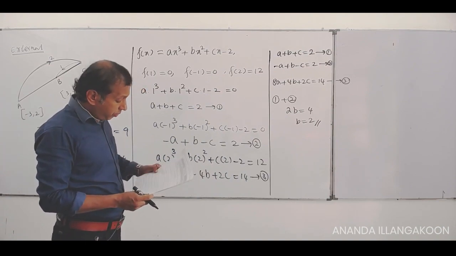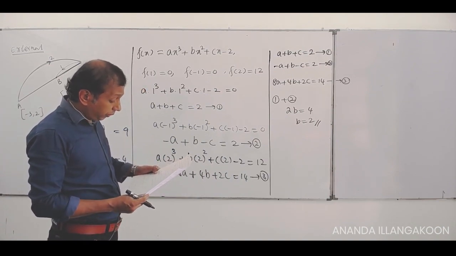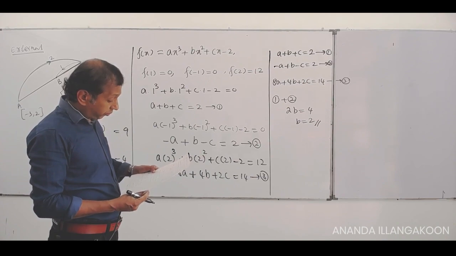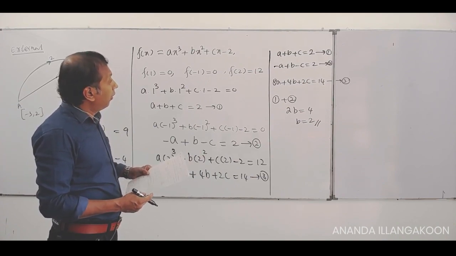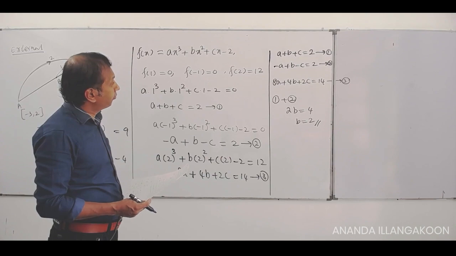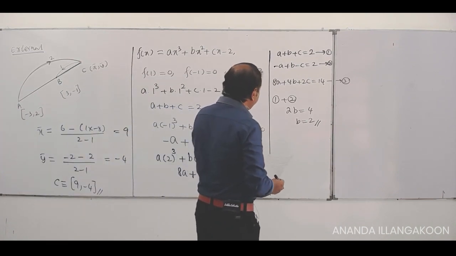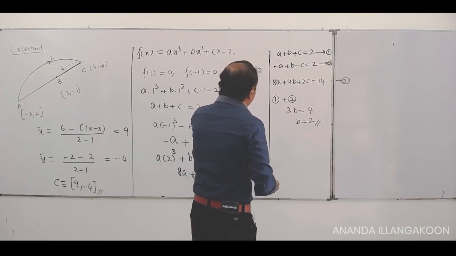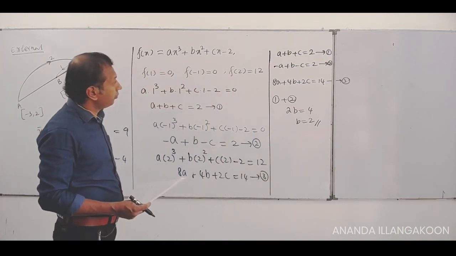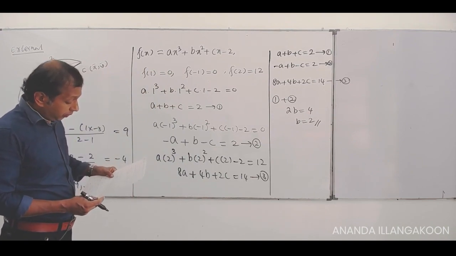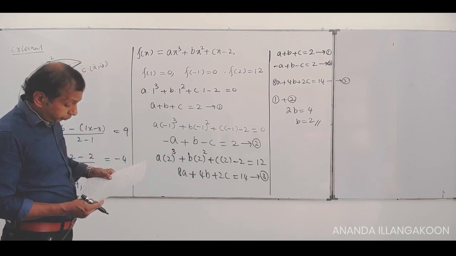Okay, next one. B is 2, A and C we need to find.